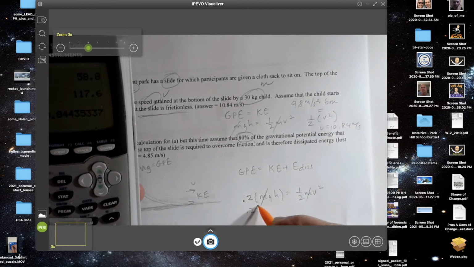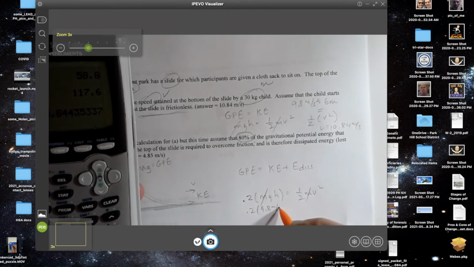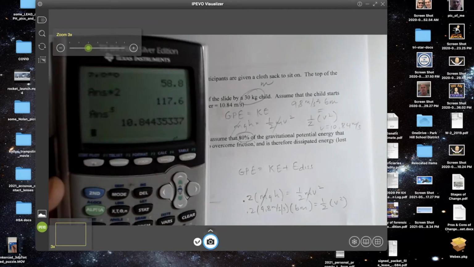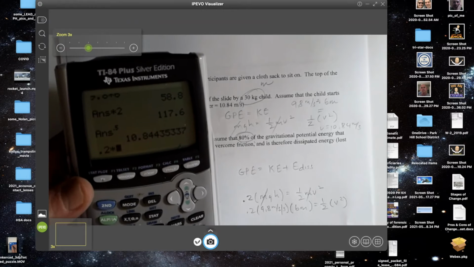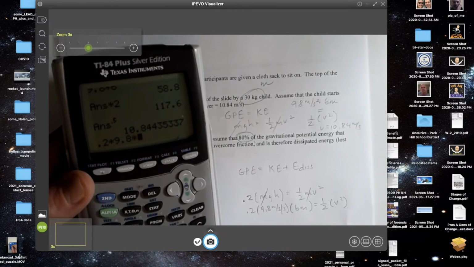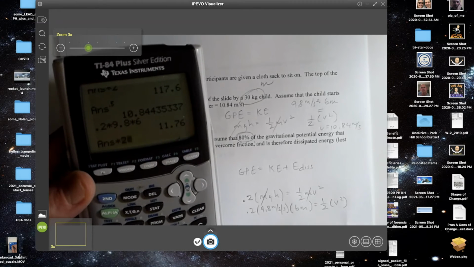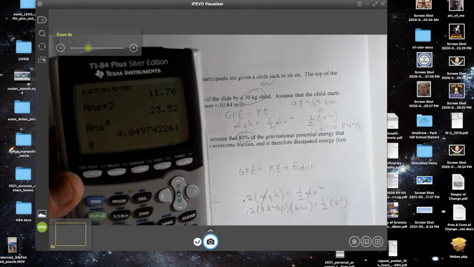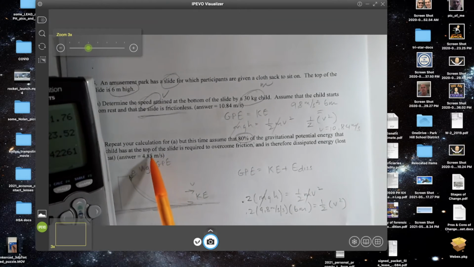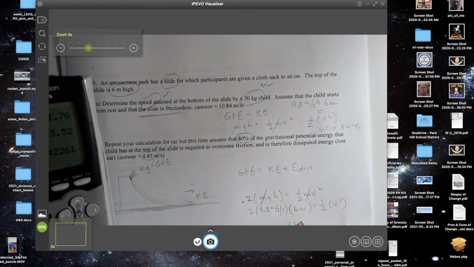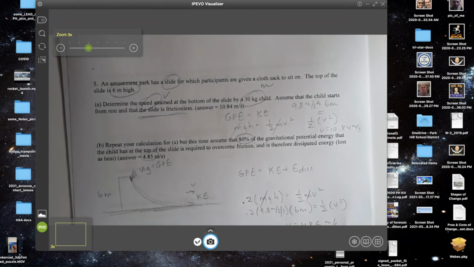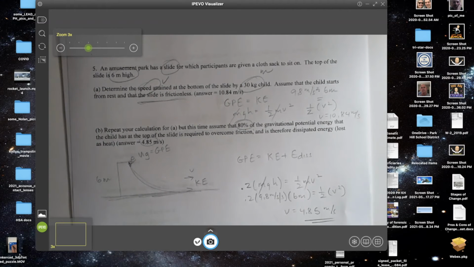So I take 0.2 times 9.8 meters per second squared times the height of 6. That's going to equal 1/2 v squared. So 0.2 times 9.8 times 6 times 2, to the half power, about 4.84, 4.85. A kind of classic problem, 4.85.